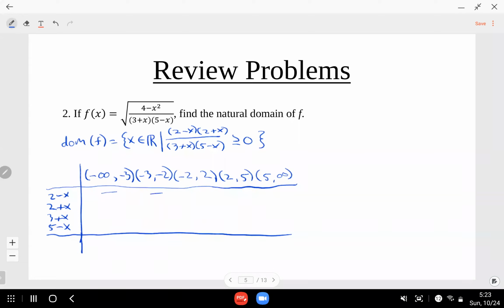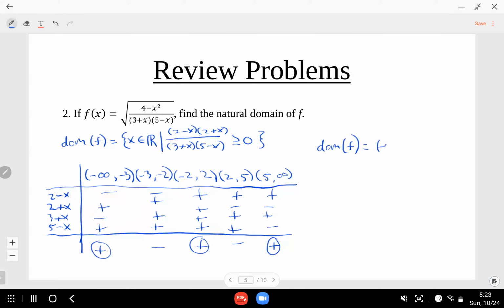So we get negative, negative, plus, plus, plus, and then plus, plus, plus, minus, minus, and then negative, plus, plus, plus, plus, plus, plus, plus, plus, negative. We get plus here, positive here, negative, positive, negative, positive. So our 3 intervals, the domain of f, would equal -infinity to -3 union.